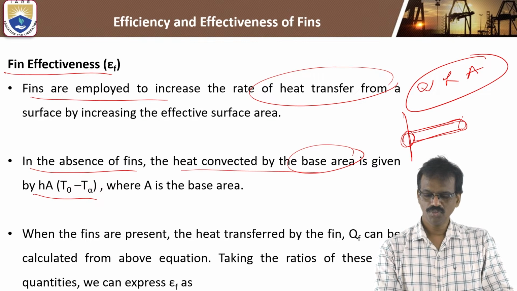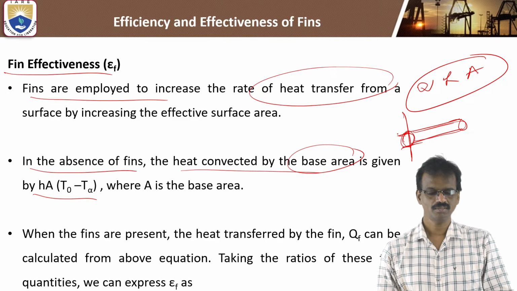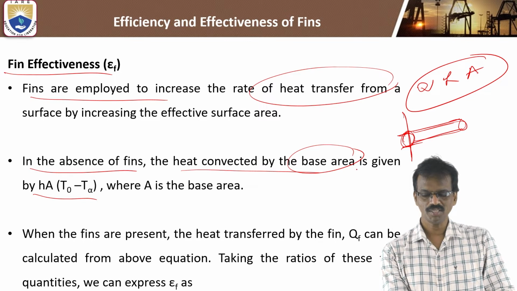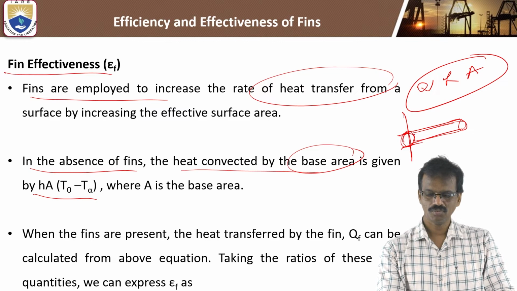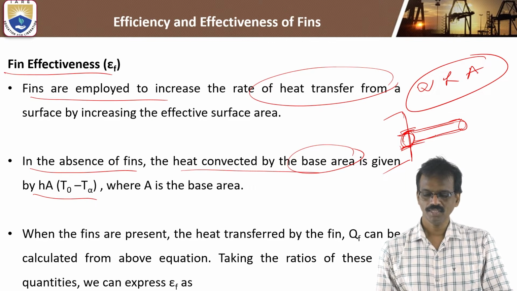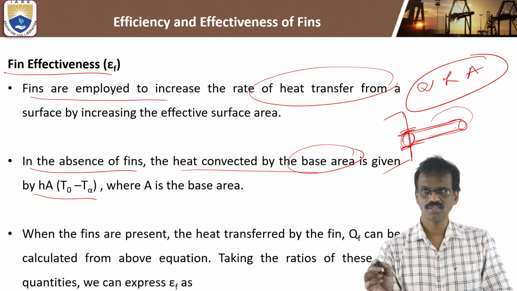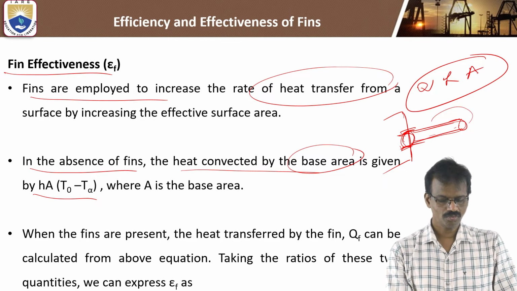If you remove this fin, this is the area to consider. So in the absence of the fin, the heat convected by the base area is only through this. If you add the fin, this small elemental area will be increased like this.